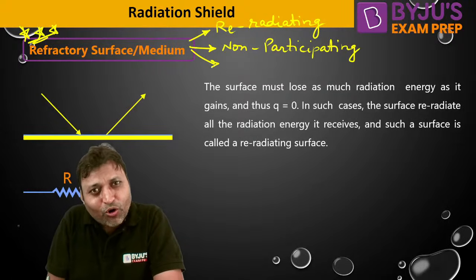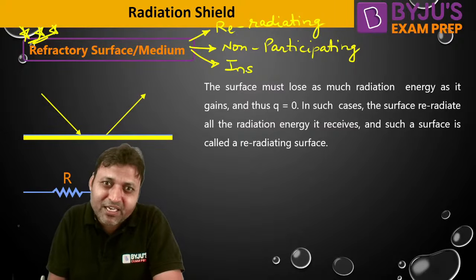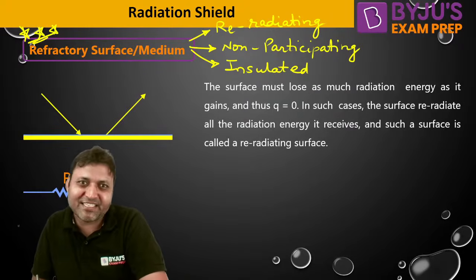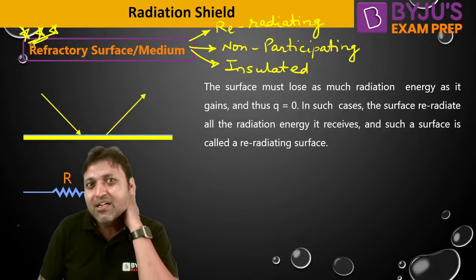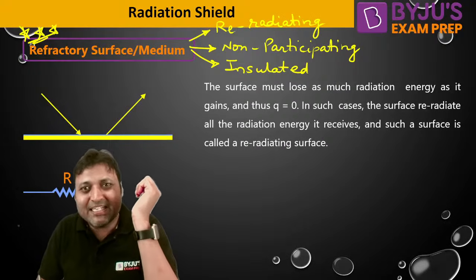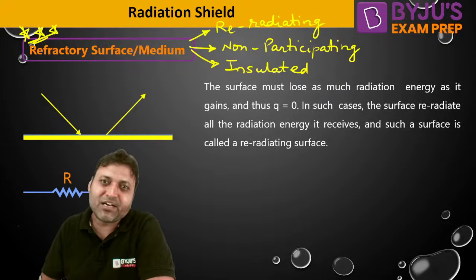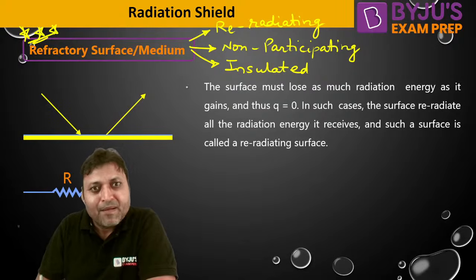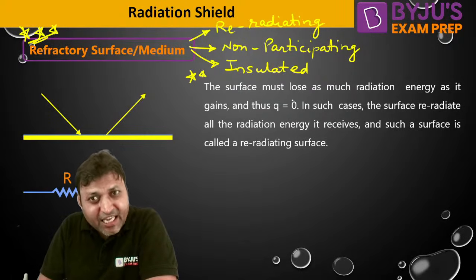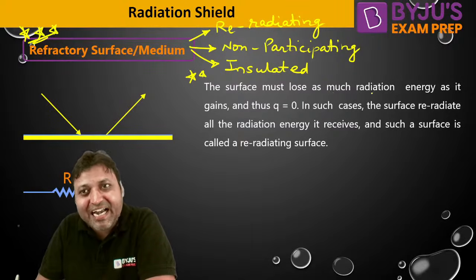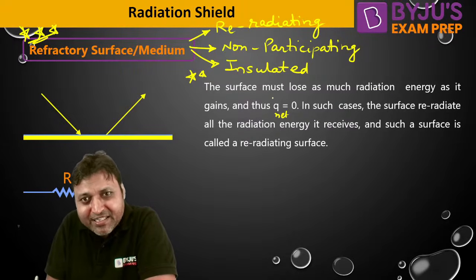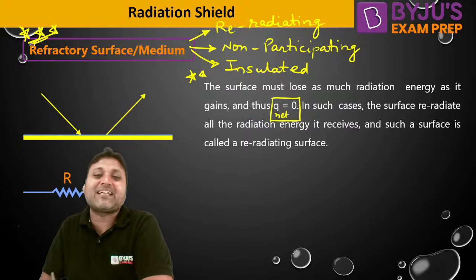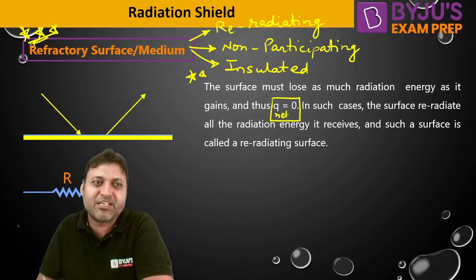It is also called an insulated surface because it does not participate in the radiation exchange. What is a refractory surface? The surface must lose as much radiation energy as it gains, and thus Q net is equal to 0. For a refractory surface, the net heat exchange will be 0.